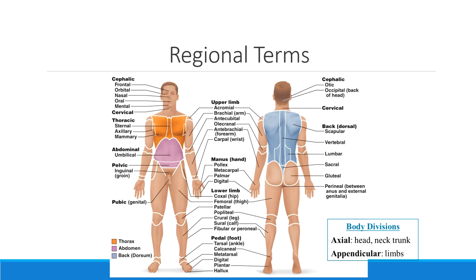If we go to the flat part of the bottom of your foot, this is called the plantar region. The plantar region, as in plantar fasciitis, if you've ever heard of that before. That's an inflammation of the connective tissue on the bottom of your feet in that plantar region.